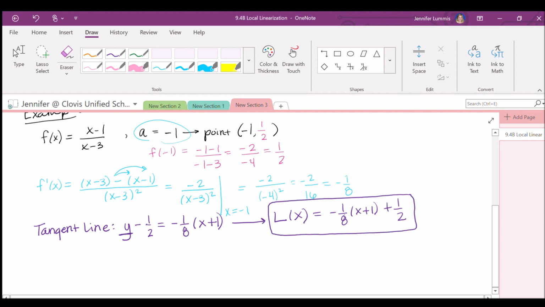So the idea is to now use the tangent line or the linearization function to approximate function f. So we want to use the tangent line. We want to use L of x to approximate f of negative 1.1.